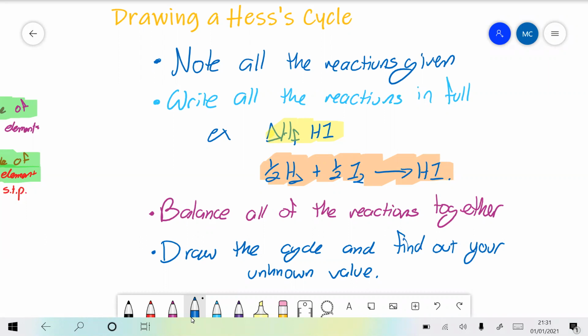After that, we're going to draw the Hess cycle, and we're going to be using it to find out our unknown values. We'll do this because we need to find the different routes that are available. And once we find the different routes, we can compare them to each other because they should be equal in energy.